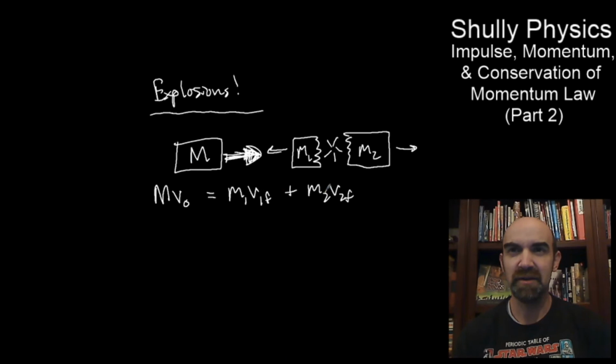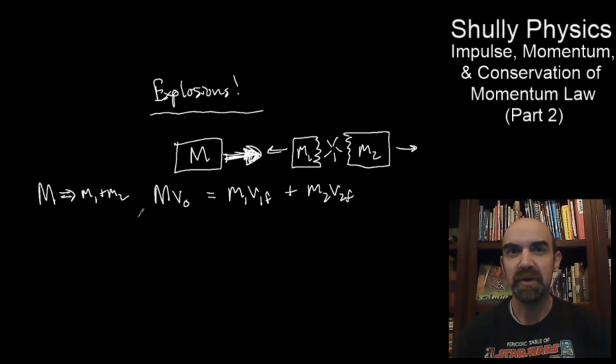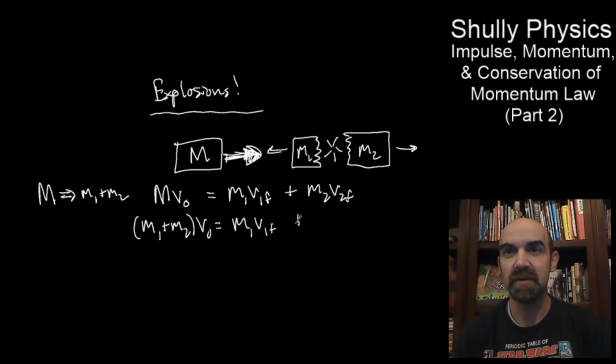You see that right now there's three masses, but the big M compares to little m1 and little m2. So since the big M becomes M1 plus M2, we could just say M1 plus M2 times the initial velocity equals M1 V1 final plus M2 V2 final.